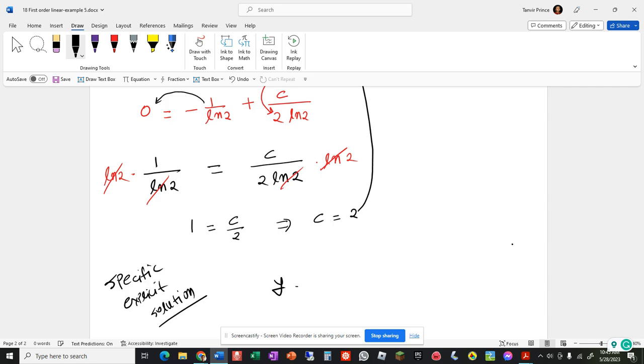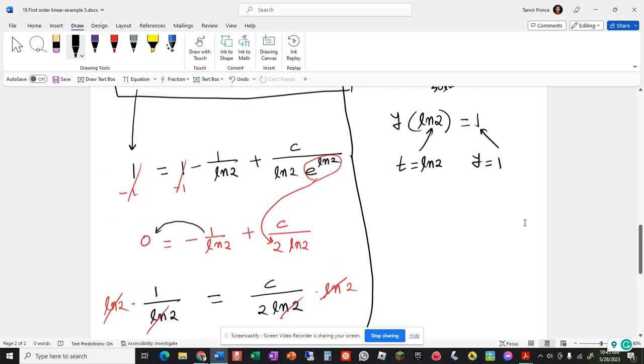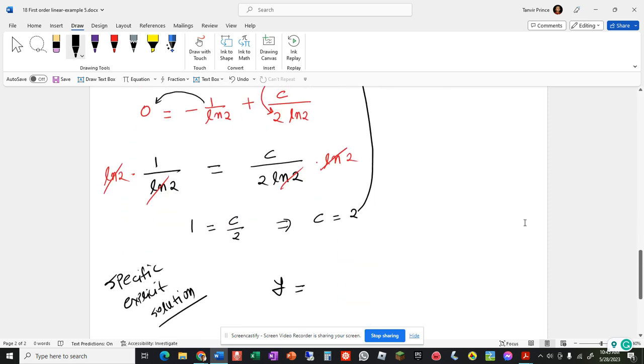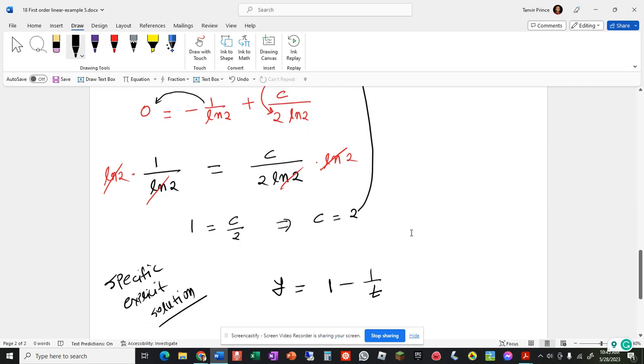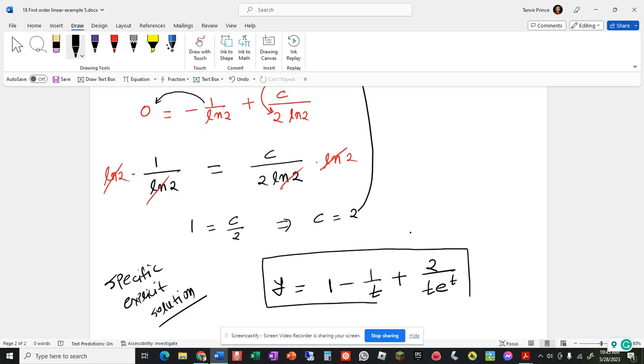So it's going to be y equal to 1 minus 1 over t, and then plus 2 over t e to the t. And that's my final answer for this.